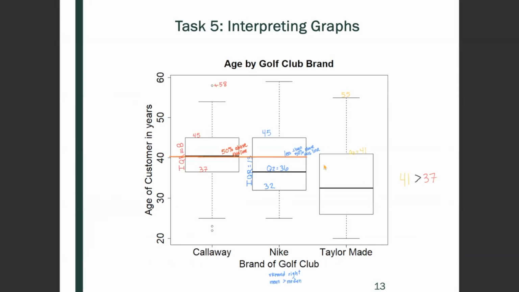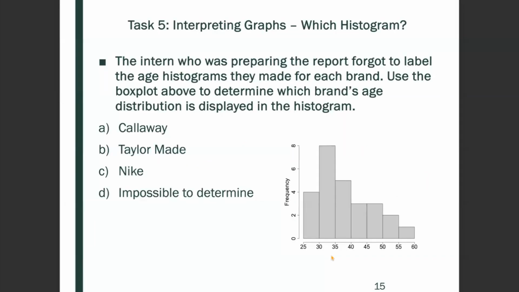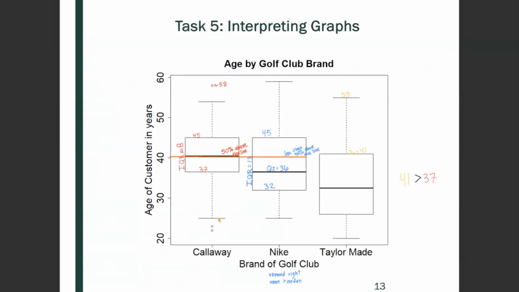Which one does it belong to? Callaway, Nike, or TaylorMade? Two things that I looked for when making this decision: I first looked at the range of the values of the histogram. It ranges from 25 to 60. So I want to see which of these range from 25 to 60.